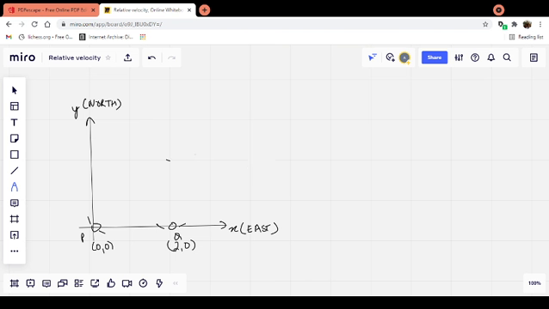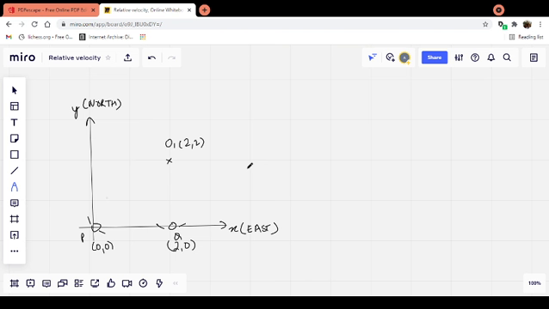So let us take an object. Let us say the object is named O1 and its coordinate is 2, 2. Let us try to draw some position vectors.